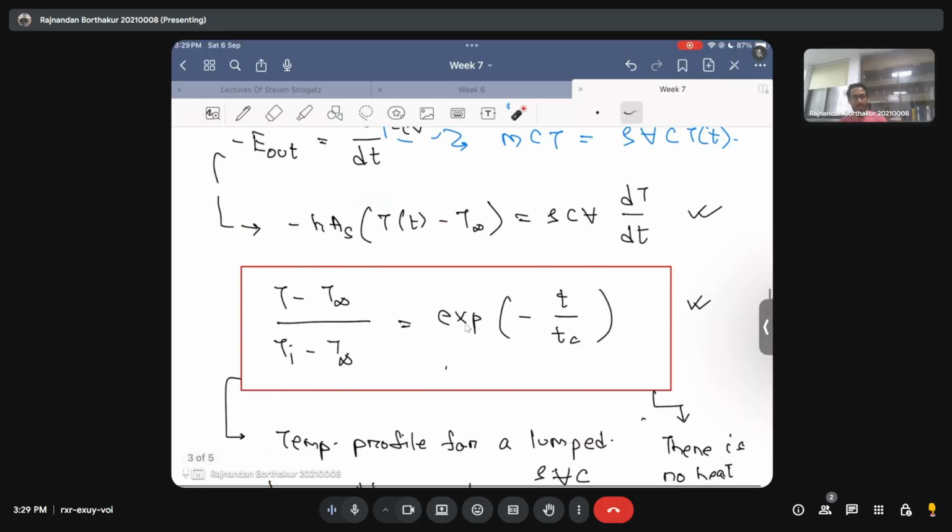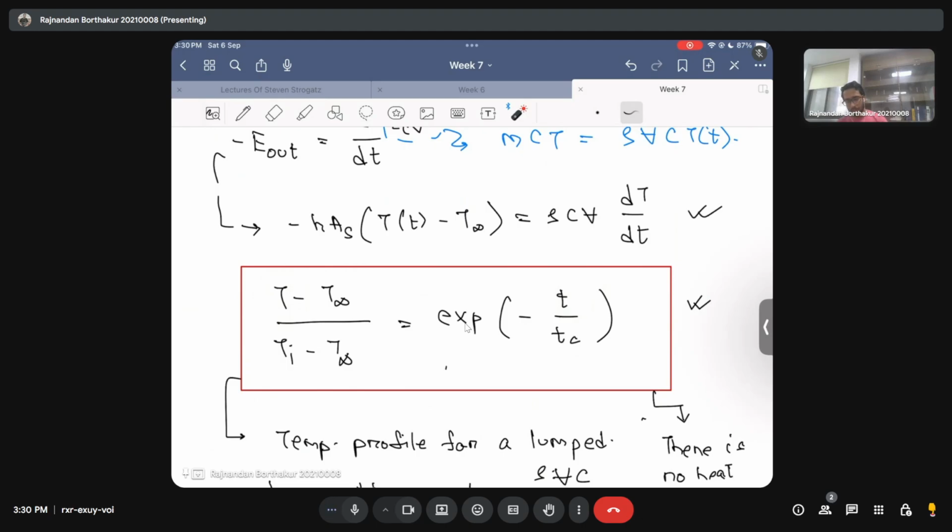In this lumped model there are only two things you need to calculate: either the time, given the temperature at that particular time, or the temperature, when you know the particular time at which you want the temperature value. These are the two things you calculate from this lumped capacitance analysis.